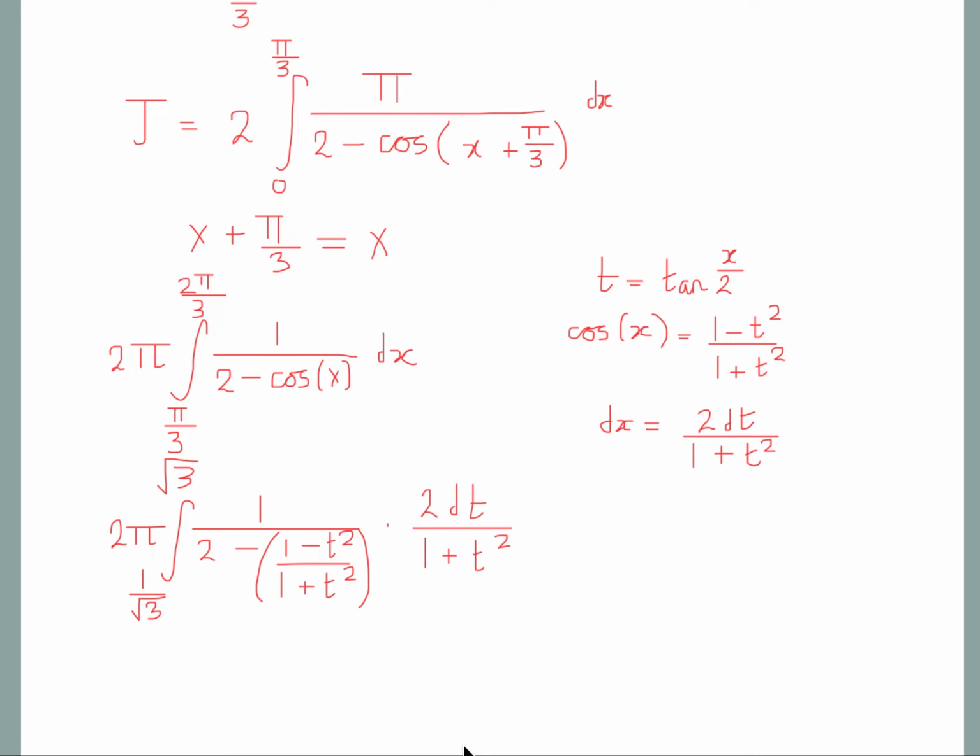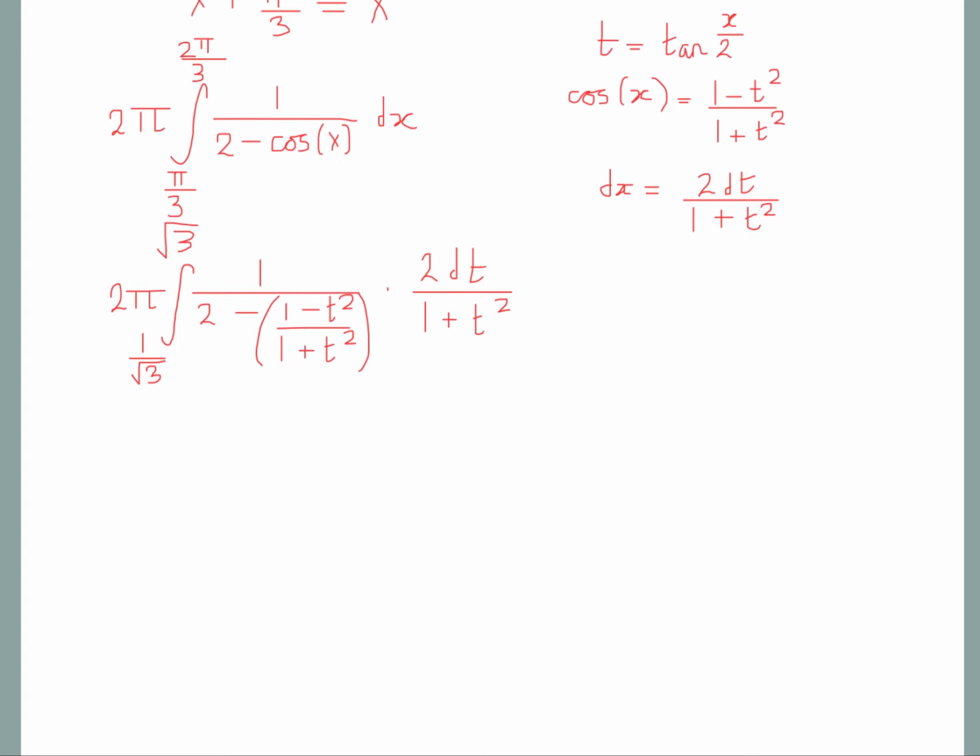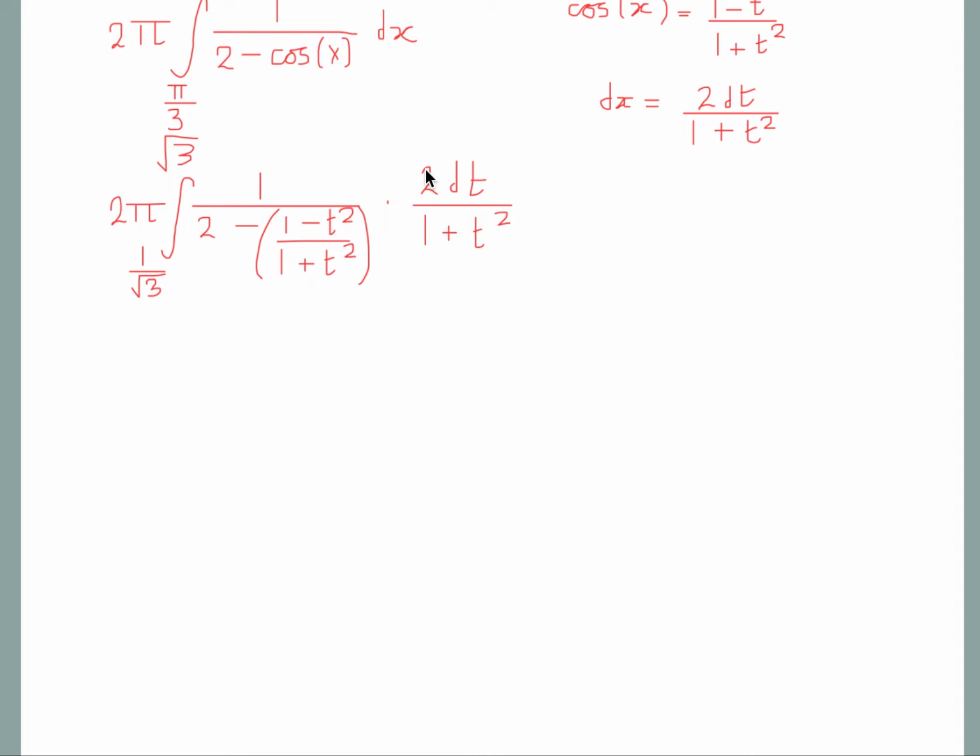So again here, I would be tempted to factor out the 2 already, so we'll end up with 4 pi. Limits, let's put those in quickly. And let's deal with this denominator. All of this is obviously multiplying this 1 plus t squared. So we've got 2 times 1 plus t squared, so we've got 2 plus 2t squared.